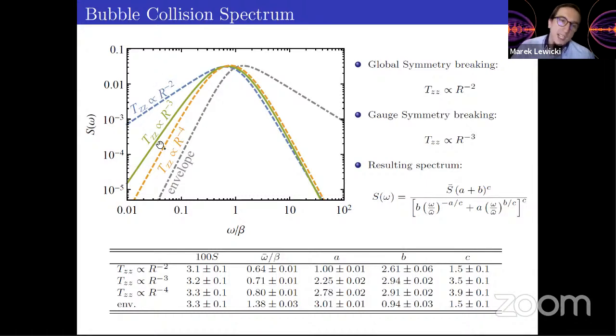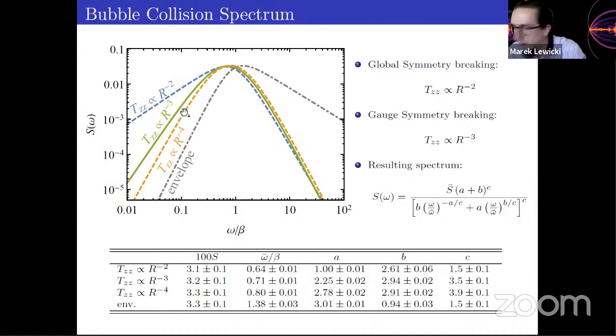But then when you introduce gauge bosons, it starts going down more steeply, roughly 2.25. And then if you increase the power such that the energy is disappearing quicker and quicker, you go closer to the envelope, but still at high frequencies, it seems you would need to introduce really sharp decay in order to go back to this f^-1, which the envelope predicts.